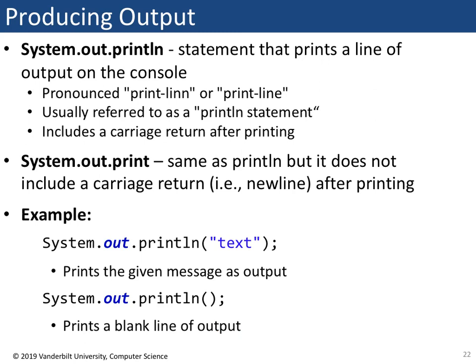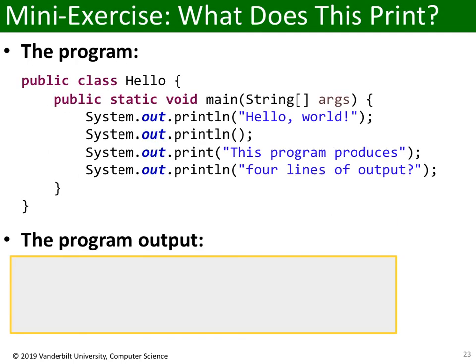So if you needed to leave a space in between something, so you wanted to say hello world, and then you wanted to leave a blank space here, you could do a print line statement which said hello world, and then have a print line statement with nothing in the parentheses to generate a blank line of text and a new line.